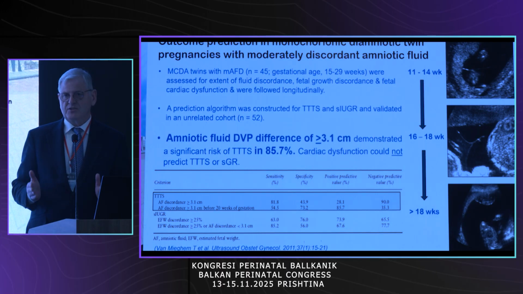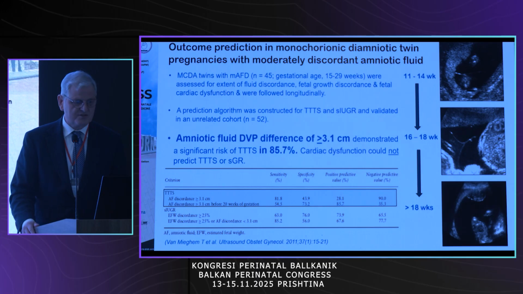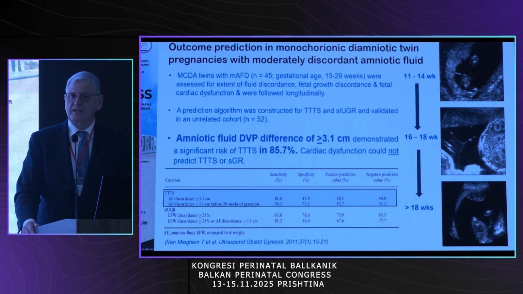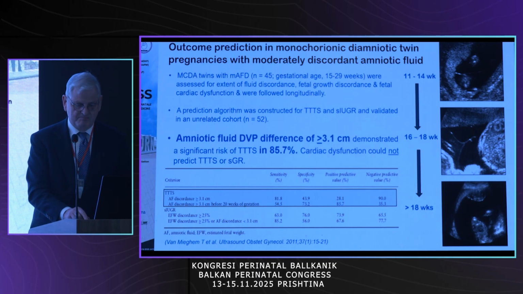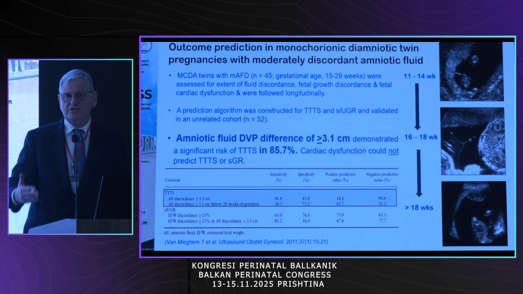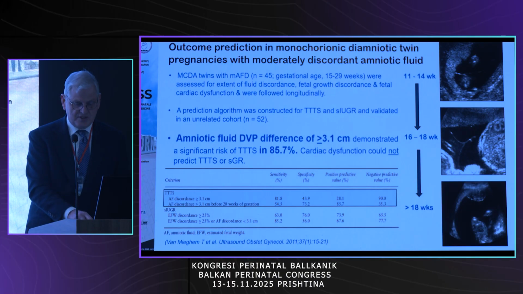And a deepest vertical pocket difference of greater than 3.1 centimeters is associated with a high diagnosis rate. You see 85, nearly 90% of babies will go on to develop twin-to-twin transfusion syndrome. So using serial ultrasound scans in even apparently normal monochorionic twins is very important to detect these pathologies.